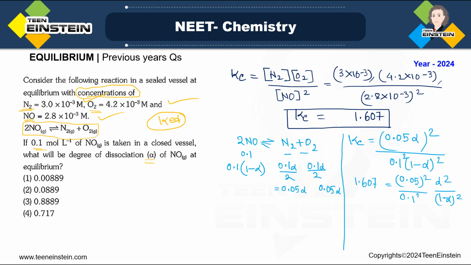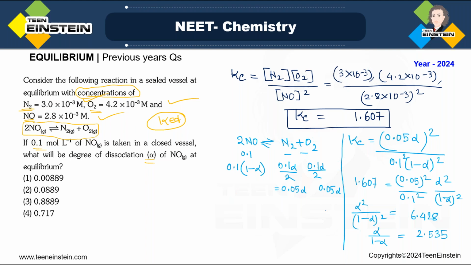If you do the calculation, ultimately you will get alpha squared divided by (1 minus alpha) whole squared equal to 6.428. From this, if we take the root on both sides, it will be 2.535. And from this we can calculate the value of alpha.